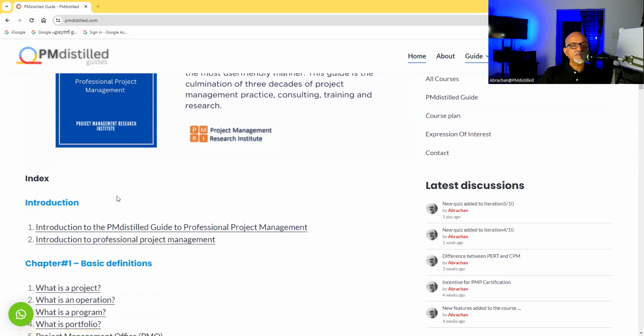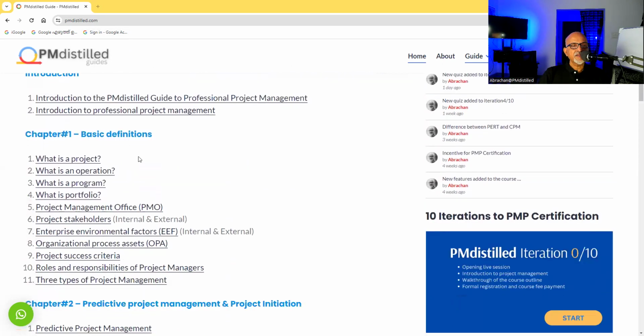We have the introduction, followed by the basic definitions, like what is a project, what is an operation, what is a program, portfolio, what is project management, or what is a project management office or a PMO, then project stakeholders, enterprise environmental factors, organizational process assets, success criteria, roles and responsibilities, and the three types of project management like the predictive, agile, and adaptive. So, chapter one contains these things.